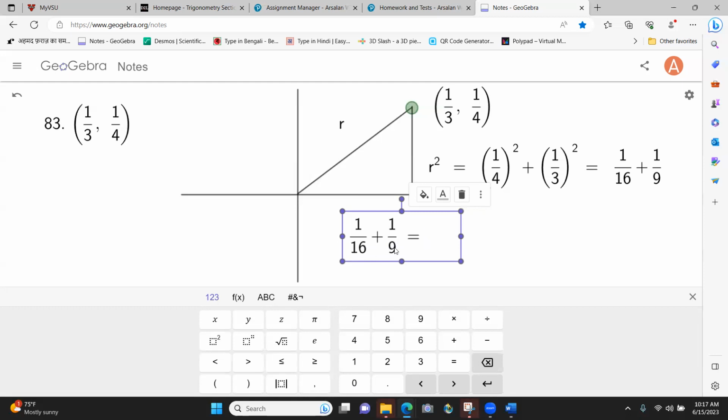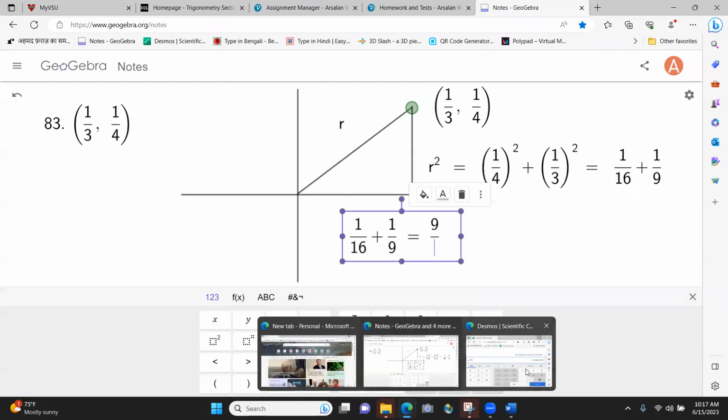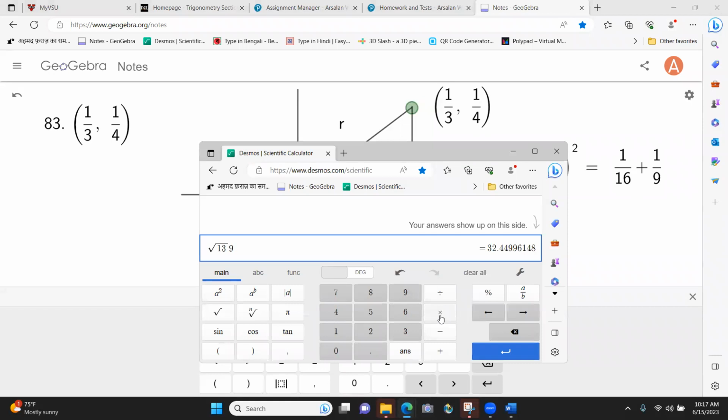I'm going to take this denominator 9 and multiply this fraction, 9 and 16 both by 9. And I'll get 9 divided by 9 times 16 is 144.